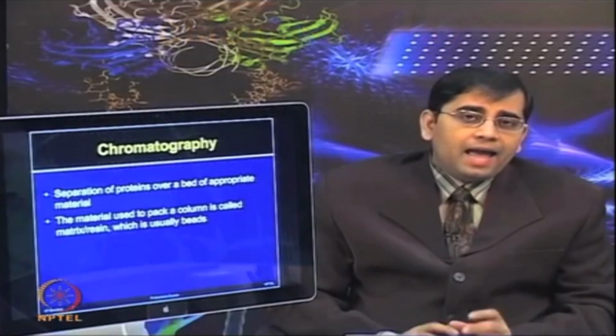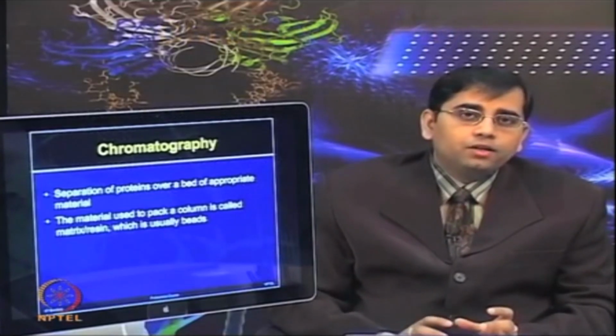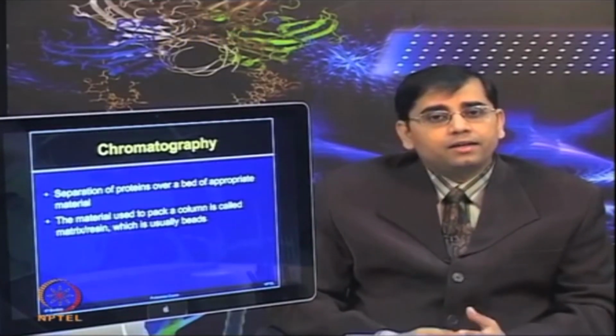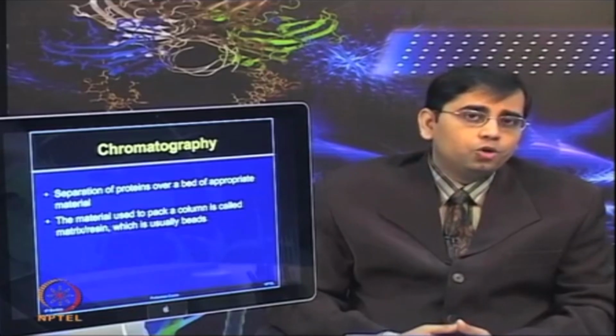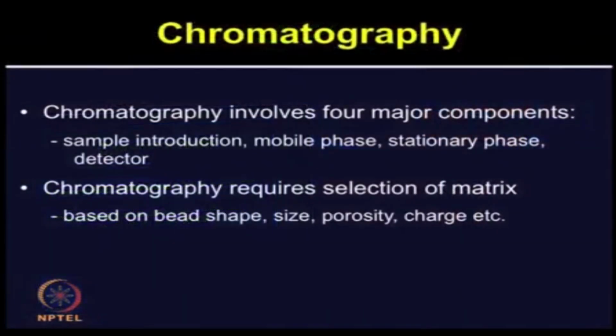Now, the binding and interaction of proteins with the column matrix is an important feature of chromatography. The chromatographic technique involves four major components: an inlet for sample introduction, the mobile phase, stationary phase and a detector.